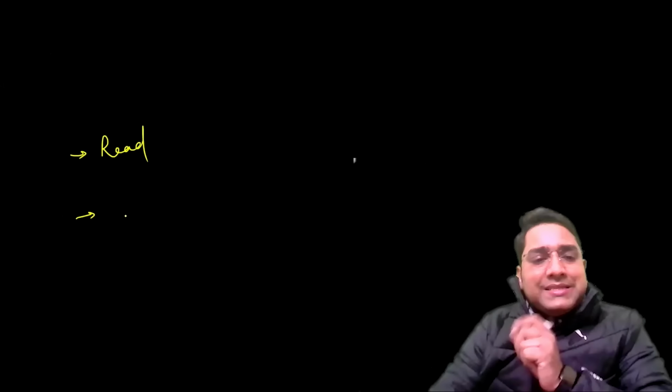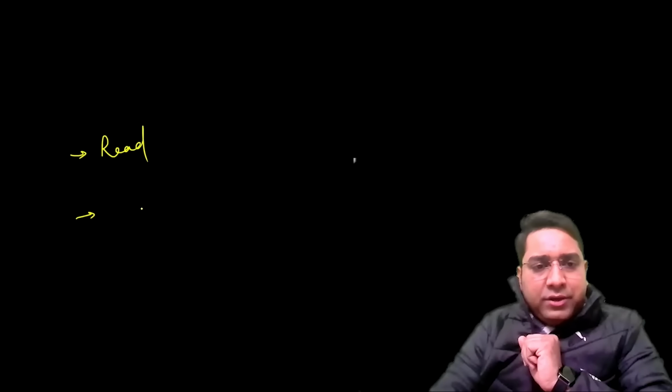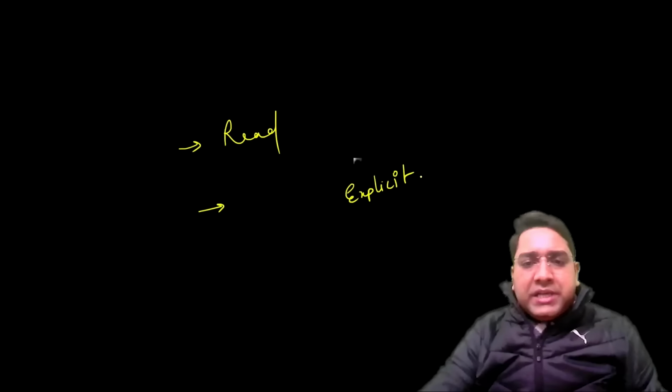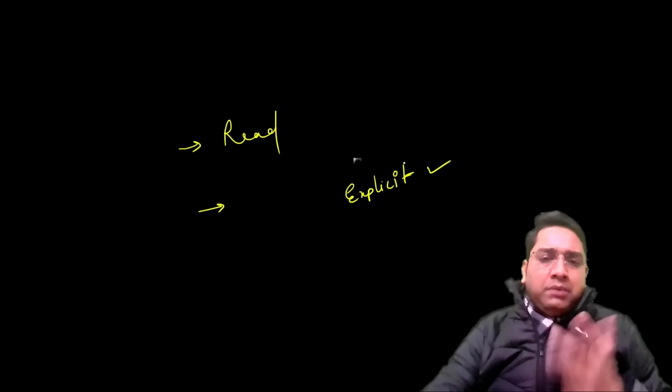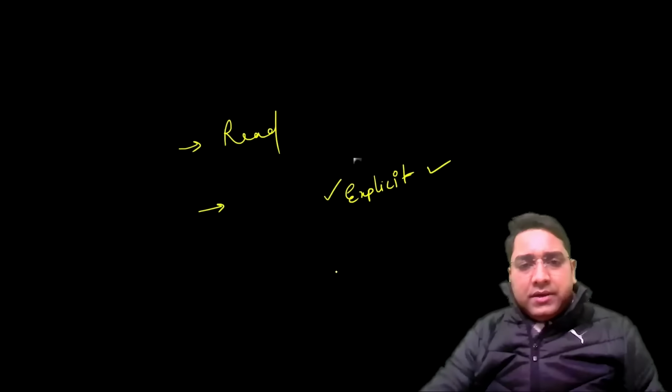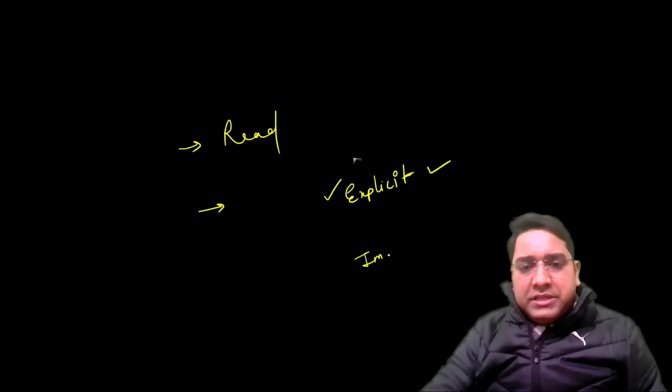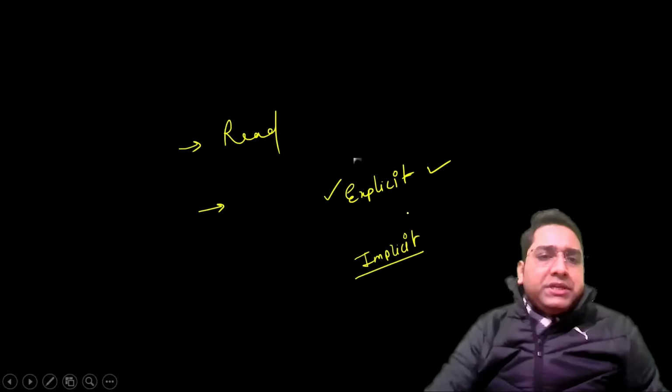When you read something or when any information is conveyed to you, few things are explicit, जो साफ साफ बोल दी जाती है, जैसे कि शर्मा जी का बेटा कितना पढ़ाई करता है, explicitly said. Few things are not said, not stated, and these are implicit. ठीक है? एग्जाम्पल से आप बहुत अच्छे से समझ जाओगे.